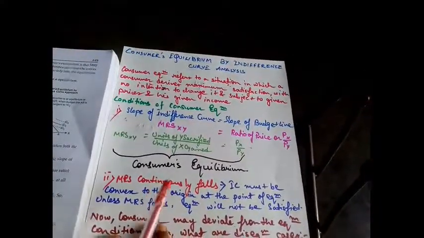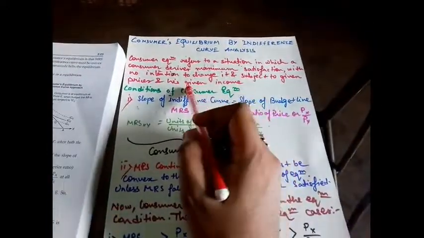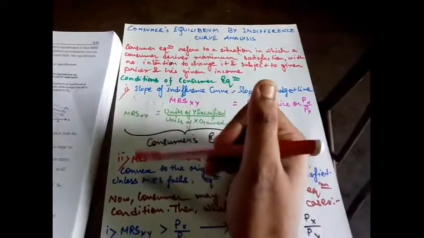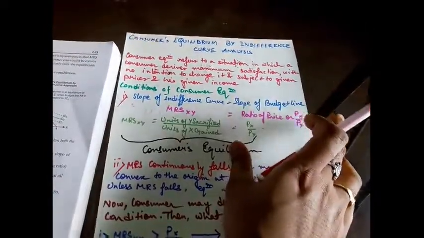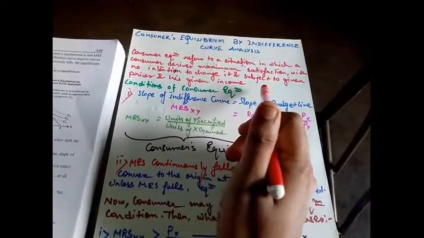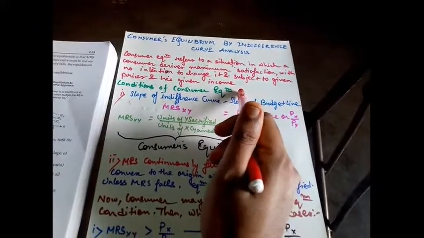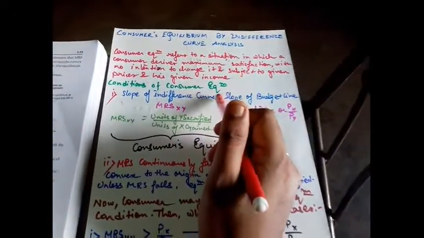An equilibrium is a state of rest, which I have told you. Whenever a consumer reaches this equilibrium, he or she is in a resting position, a satisfied position, and does not want to change his or her place.